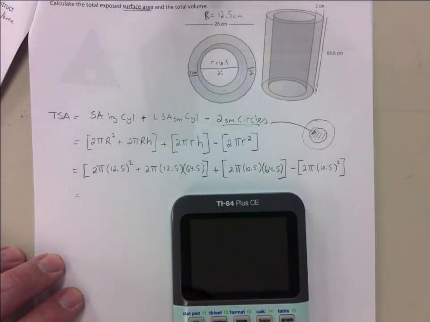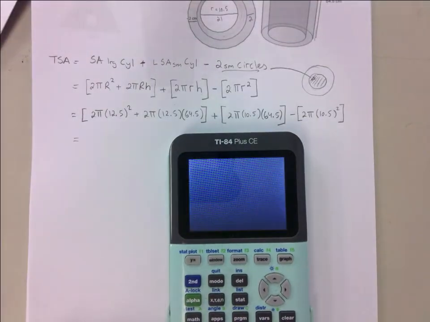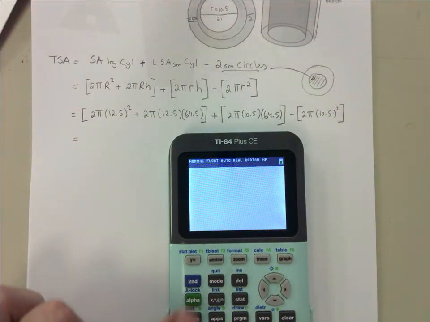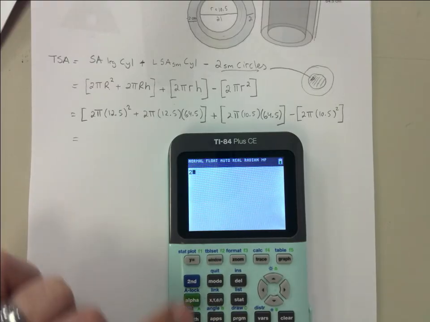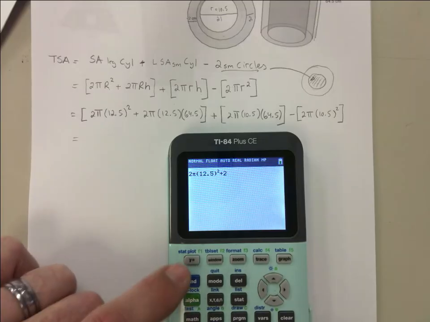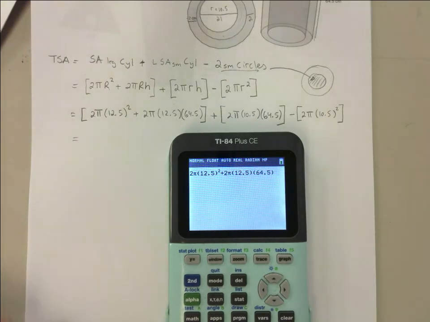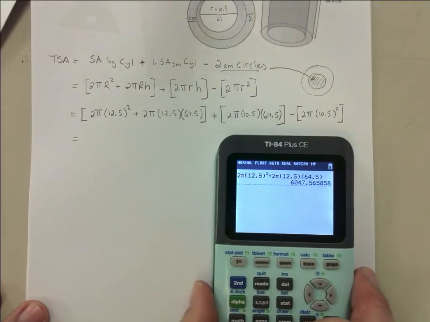I think it's safe to say that you can type in the square brackets in one shot. 2 pi 12.5 squared plus 2 pi 12.5 times 64.5. That's 6,047.